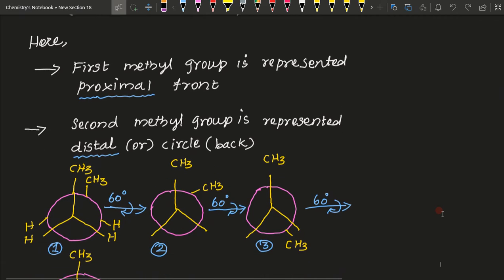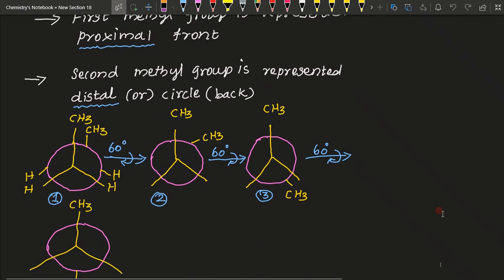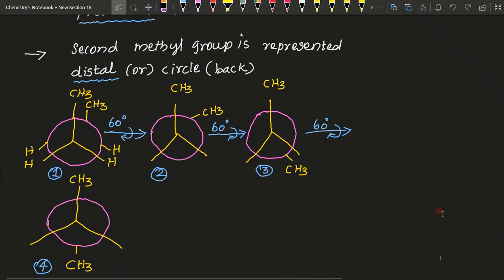See, if you rotate by 60 degrees, this eclipsed form goes to this form. Again we can rotate 60 degrees, and this CH3 methyl group goes to the bottom.